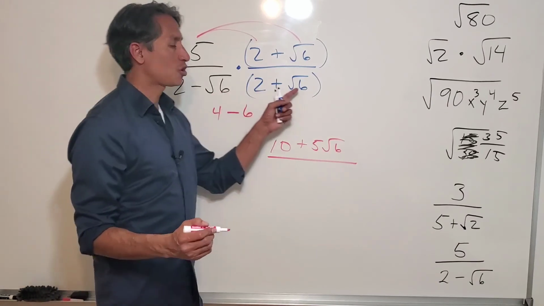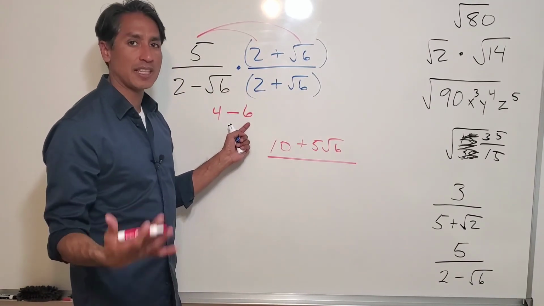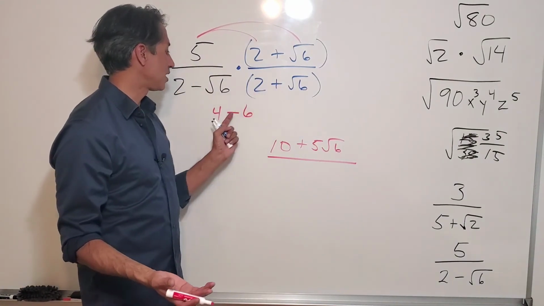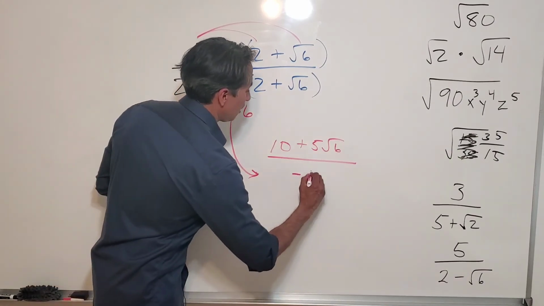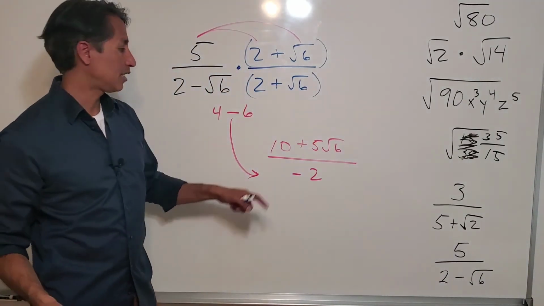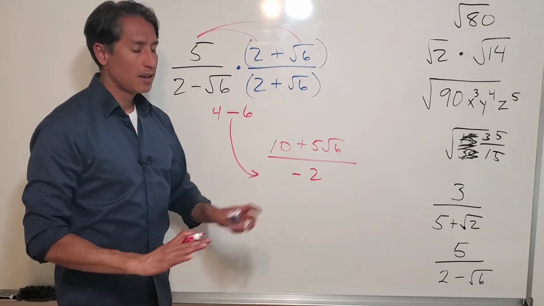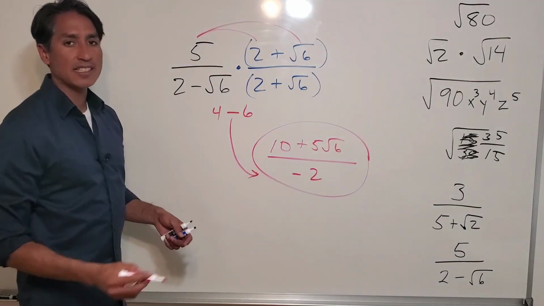When we have the same square root, the square roots cancel and we end up with just the number. Because I had a minus and a plus, a negative times a positive is negative. 4 minus 6 is negative 2. It's okay for you to leave a negative sign on the bottom with that whole number. That's great. Circle your answer and you're all set.